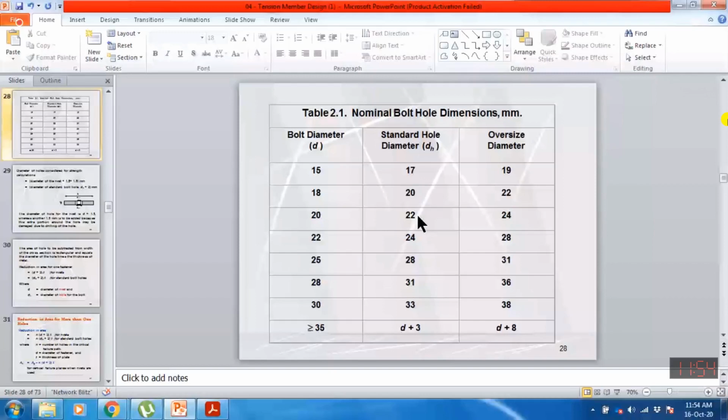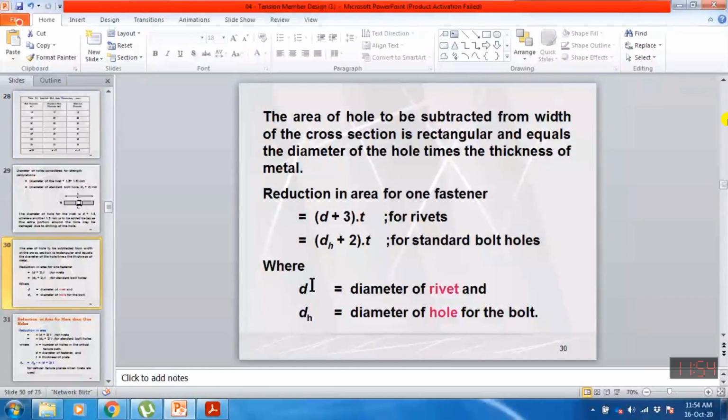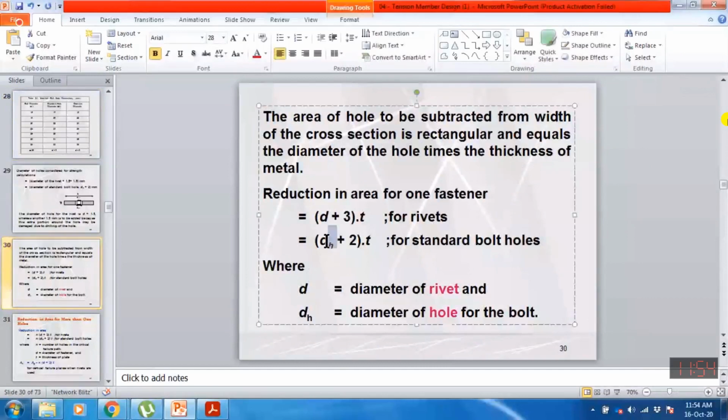So here, the DH value is not the diameter of the bolt. That is the standard diameter of the hole, which is larger than the bolt diameter, taken from the AISC specification. So 1.5 or 2 extra margin is already included there. And this other value is the margin to consider the damages due to punching of the hole.